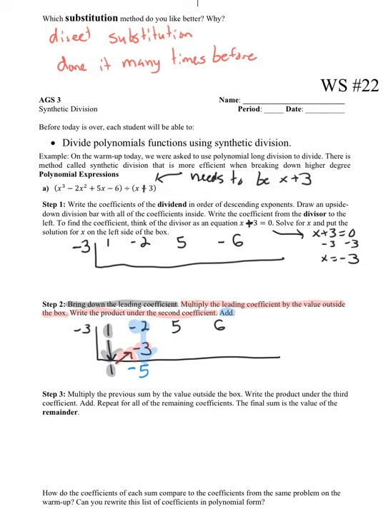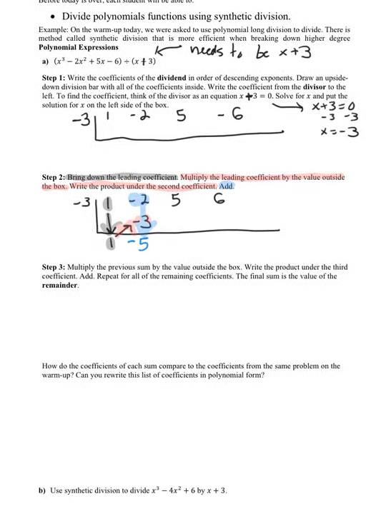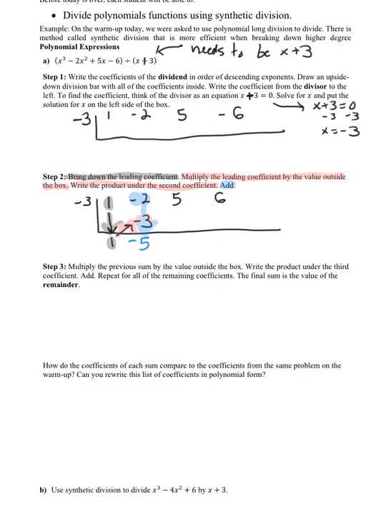Then after that, step 3, I'm going to write it again. We're going to repeat this: 1, -2, 5, and -6. I had the 1, I had the -3, which gave me -5.